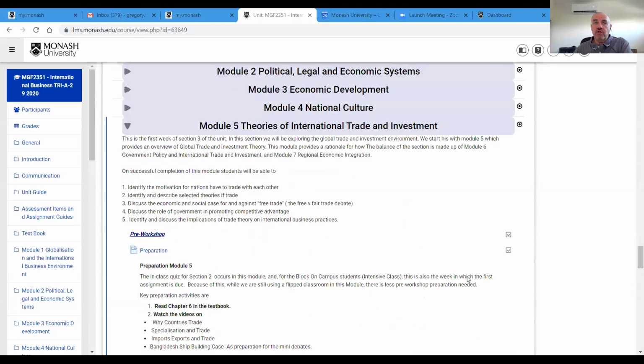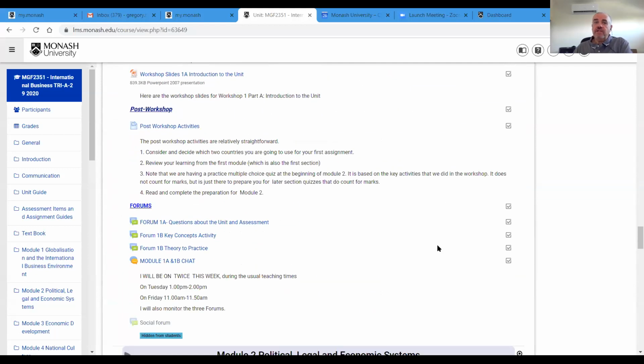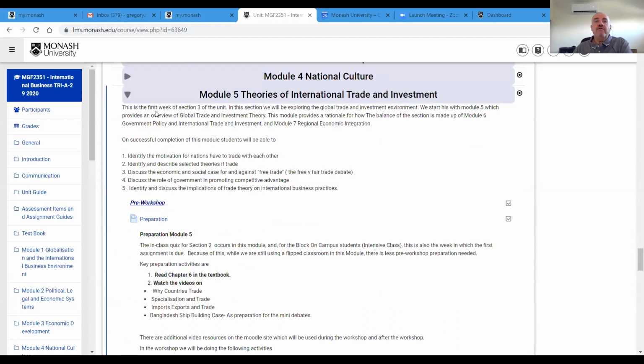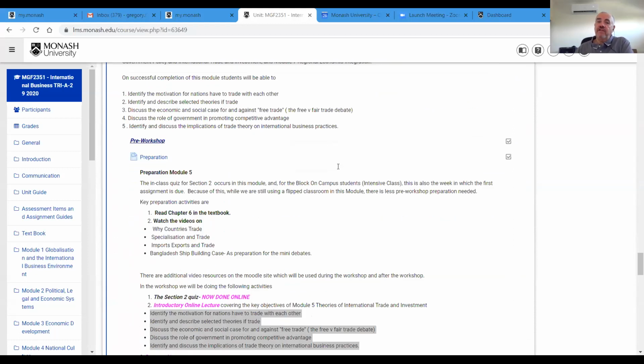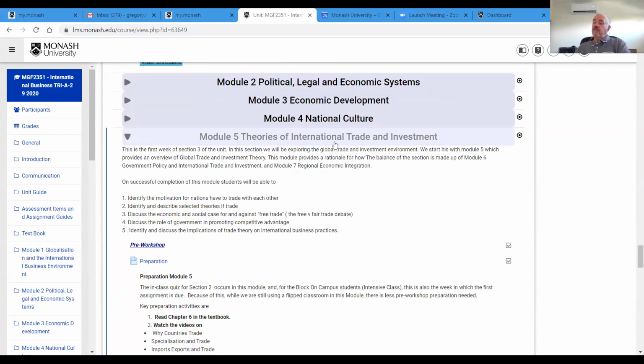This is the unit website for Module 5. It's in with the rest of the unit website, first week of Section 3. Section 3 is our exploration of trade and investment theory and trade and investment practice. So we're looking at the broader global trade and investment environment. The 5 objectives I just mentioned are here.